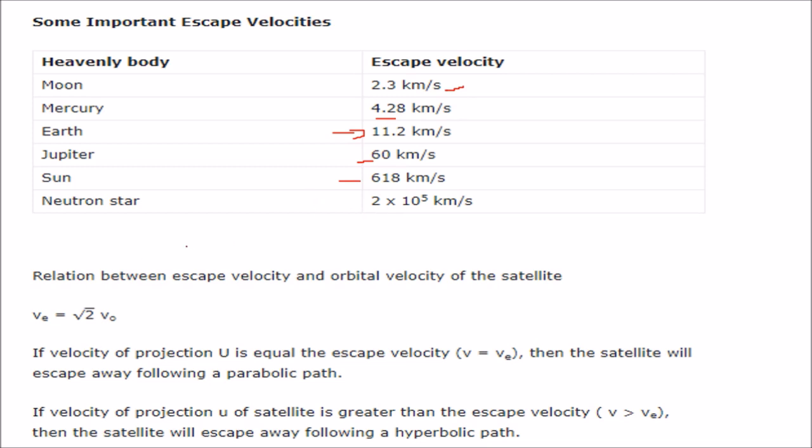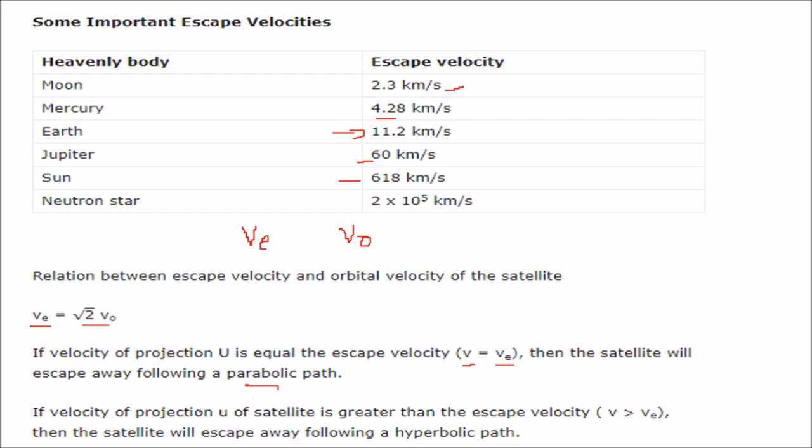So what is the relationship between escape velocity and orbital velocity? The escape velocity is equal to under root 2 times V_O, that is orbital velocity. If the velocity of projection is equal to the escape velocity, that is V = V_E, then the satellite will escape away from the Earth, or from the planet, using a parabolic path.